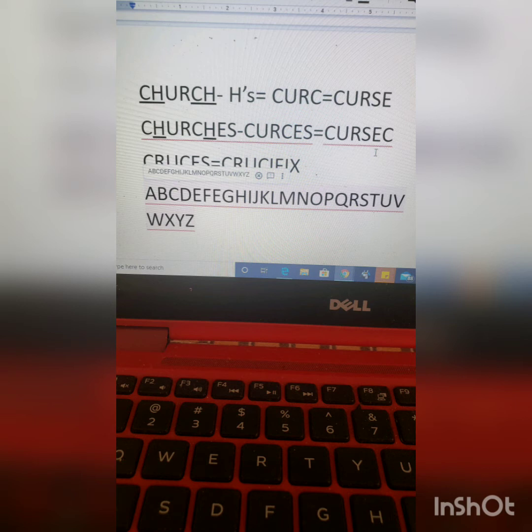Okay, so this is where you get this. The H comes after the C in the alphabetical system. So we take out the H there. Most of the vowels were already there.